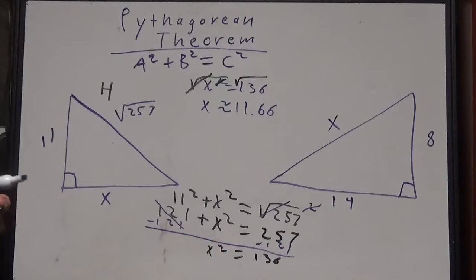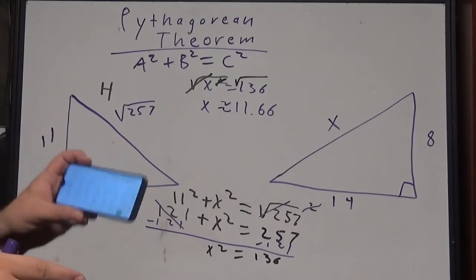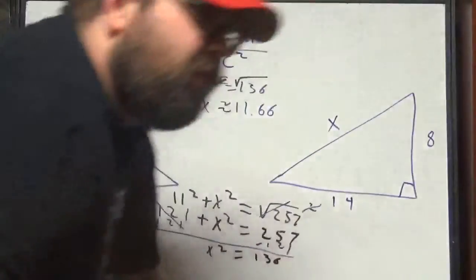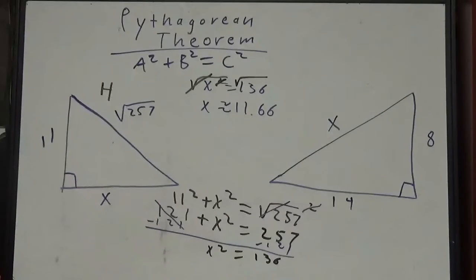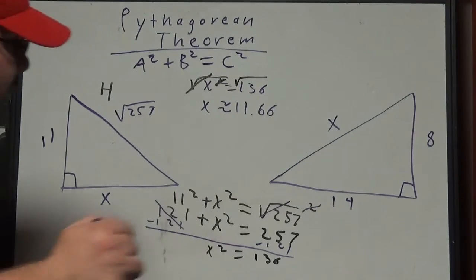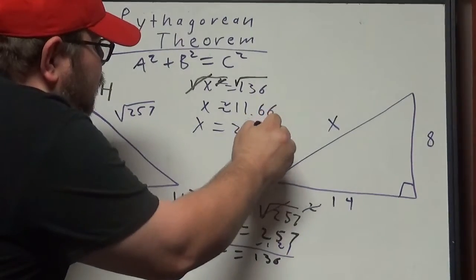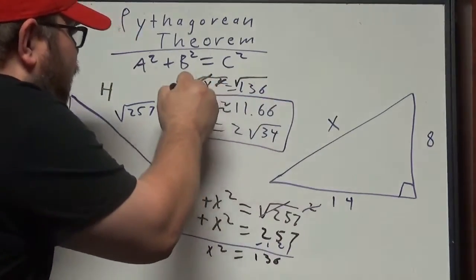If you don't do it on a phone calculator, if you do it on a TI calculator or something, like the kind of calculators you'd probably be using in school, you're going to get, let's see, I've got to check it on the computer because my calculator can't handle that. You'll get 2 root 34.